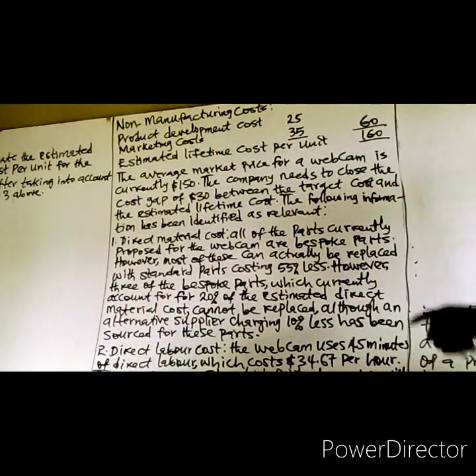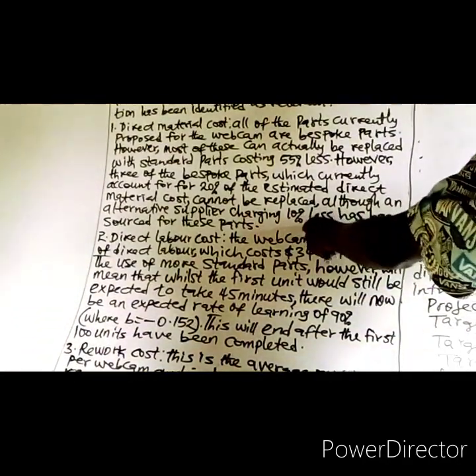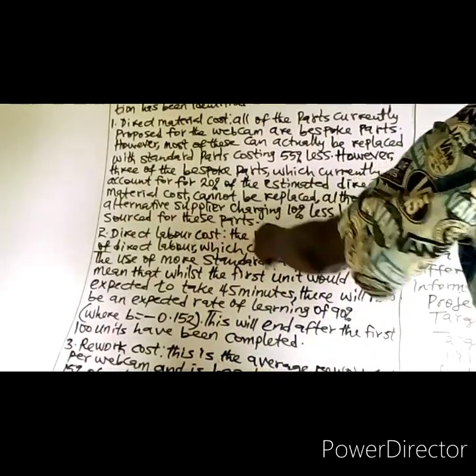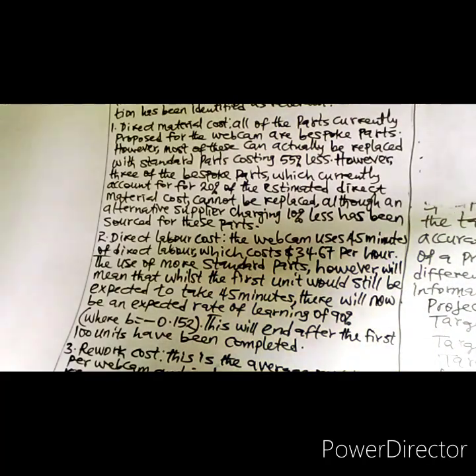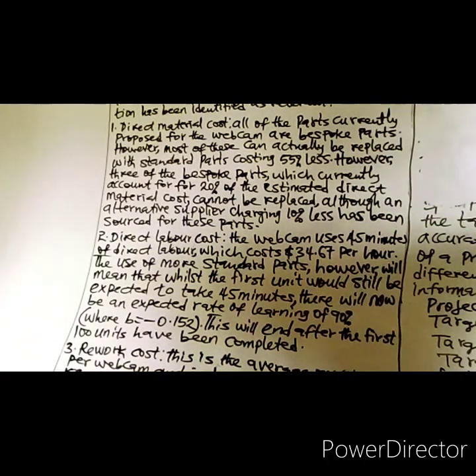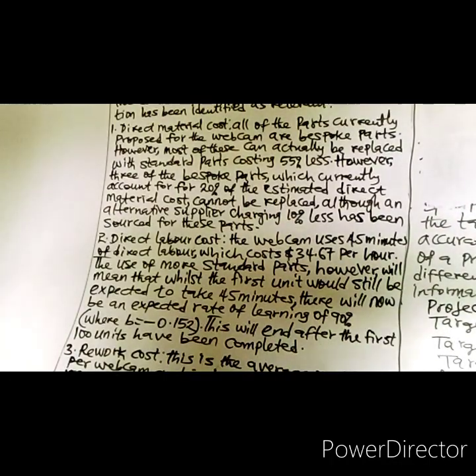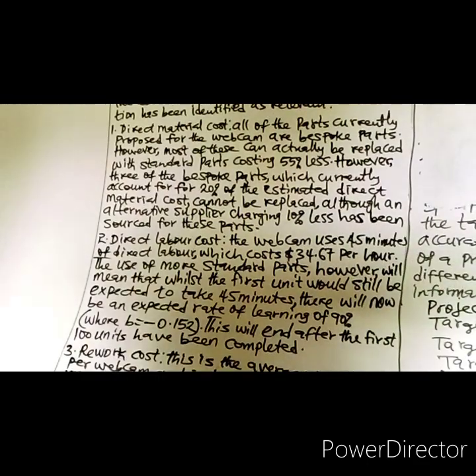Although an alternative supplier charging 10% less has been sought for this part. 2. Direct labor. The webcam uses 45 minutes of direct labor, which costs $34.67 per hour.